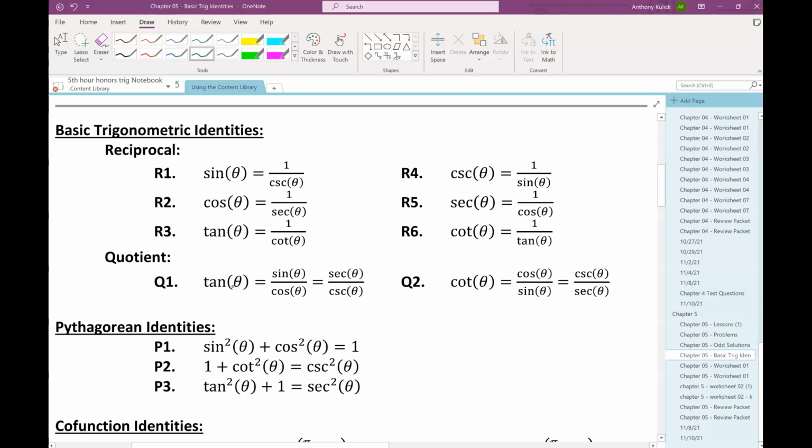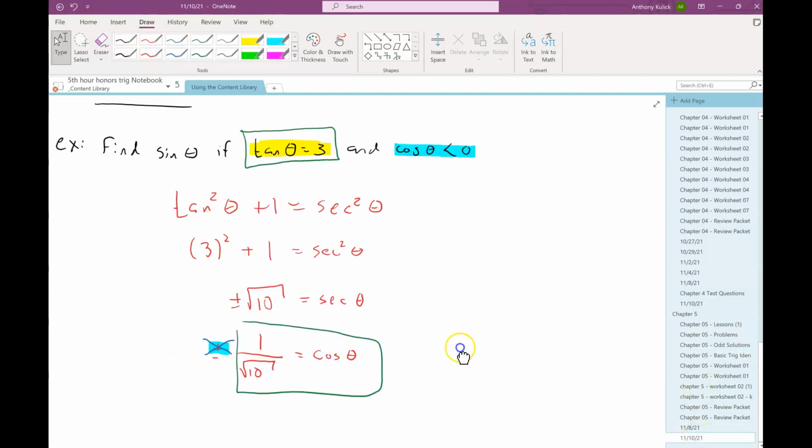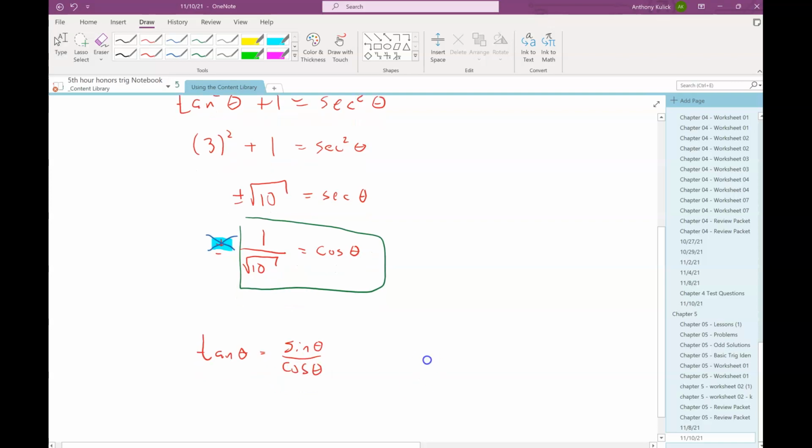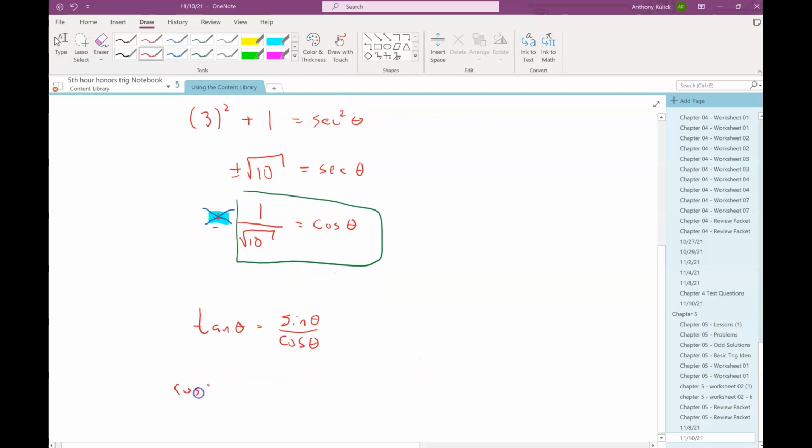That involves the 3 trig functions that I'm interested in. If I multiply both sides by cosine theta, I get that sine is equal to tangent times cosine.